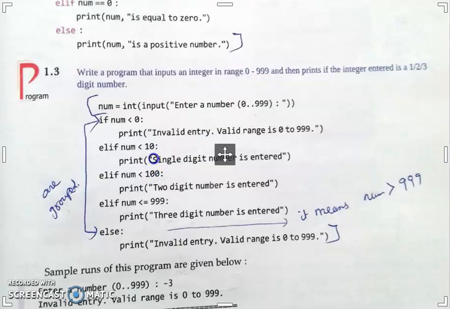From 10 to 99 comes in this category, and it will print 2-digit number. 100 to 999 means it will print 3-digit number. Suppose I am entering above 999, it will print invalid entry.